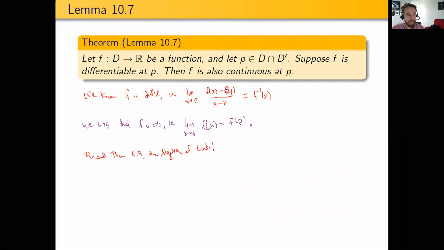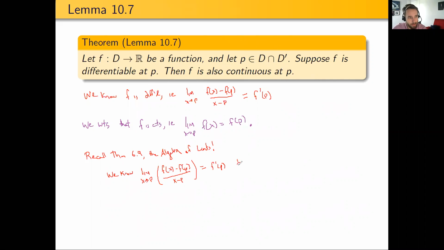So let's go ahead and set this up. We know, and I'm just writing exactly what we have up top, that the limit as x goes to p of the quantity f of x minus f of p over x minus p exists and equals a number that's f prime of p. We know that because our function is differentiable.